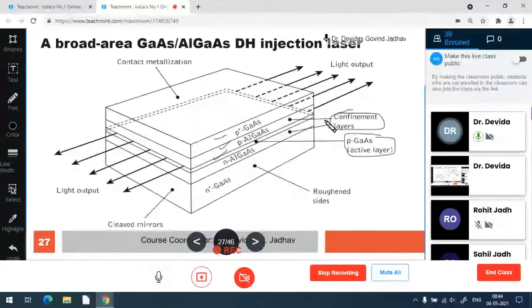These are the optical confinement and electrical confinement layers, and after that the layers needed for electrical conductivity, the N plus and P plus layers. The P and N layers provide optical confinement and electrical confinement, supporting the active region for pumping a high density of atoms in the higher energy state, that is population inversion, and having a high number of photons in the active region, producing a high intensity directional beam.